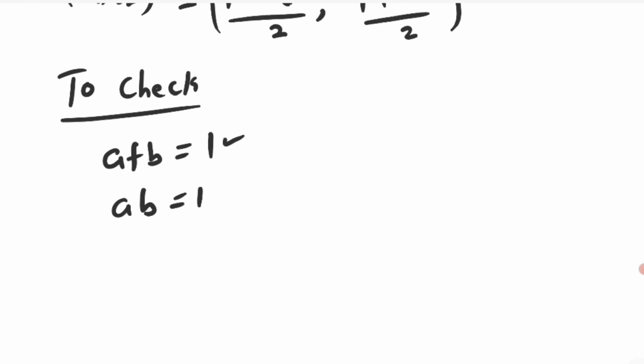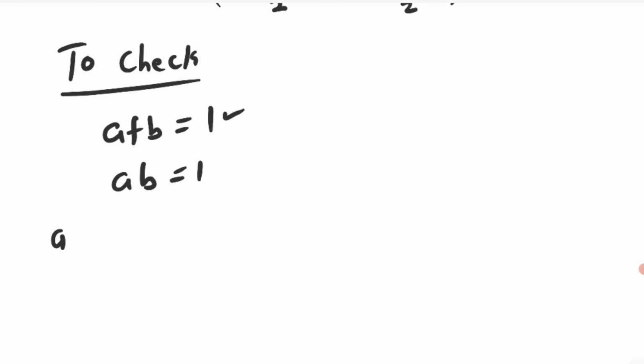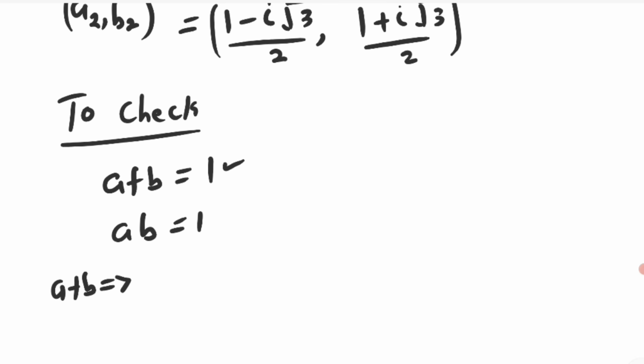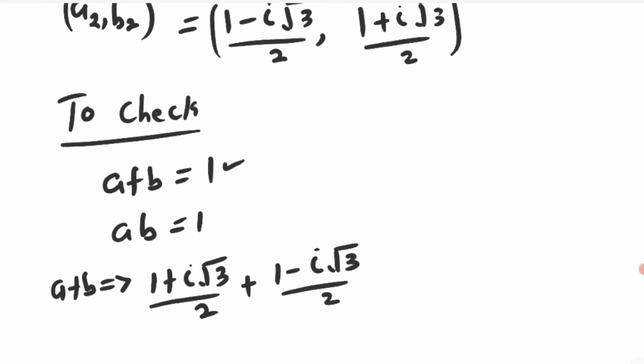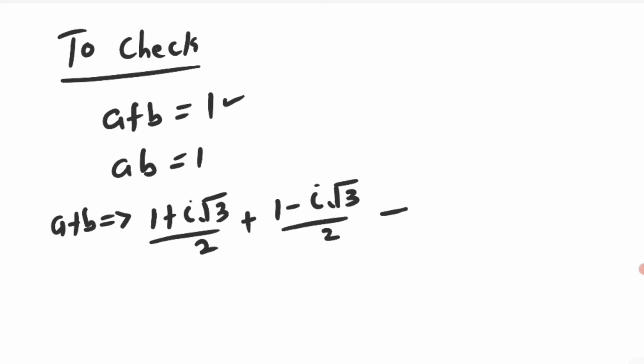Let's consider this. A plus B, this is the same thing as 1 plus I root 3 over 2 plus 1 minus I root 3 over 2. Then must be equal to 1.